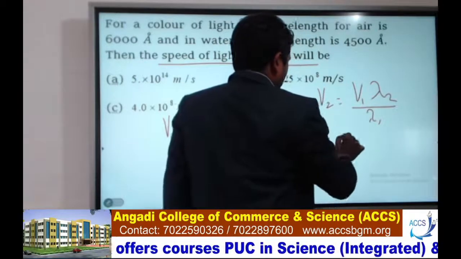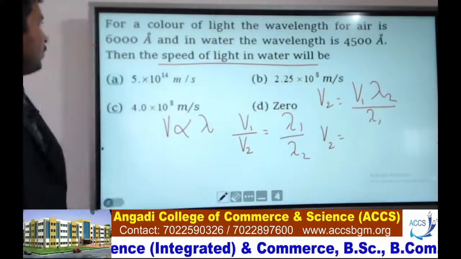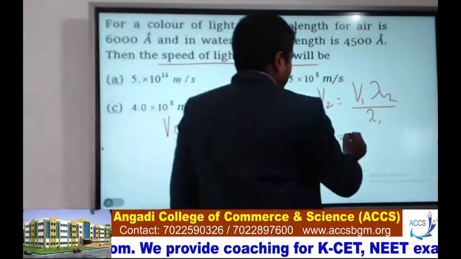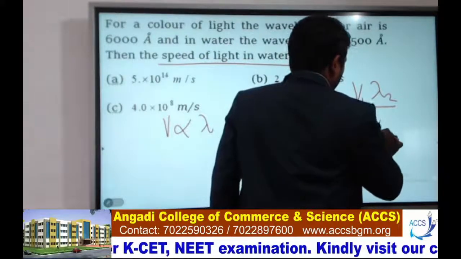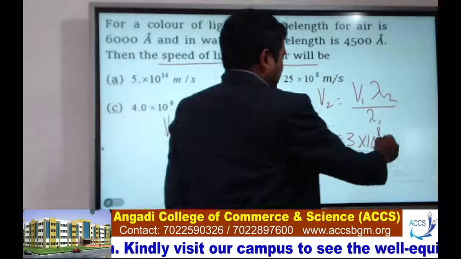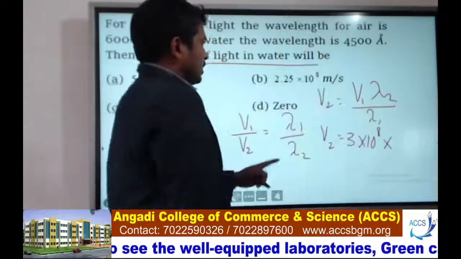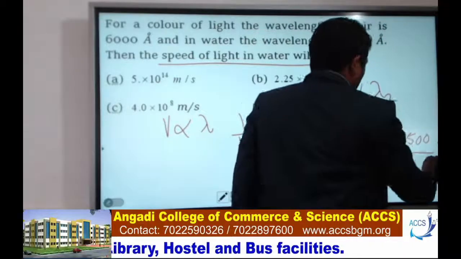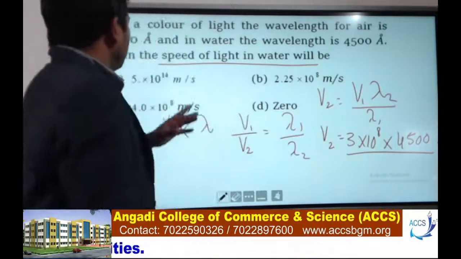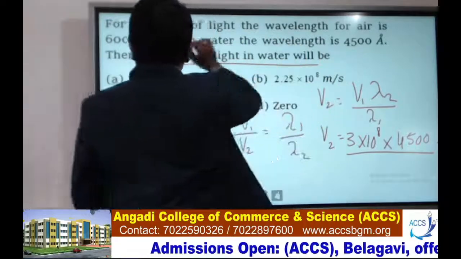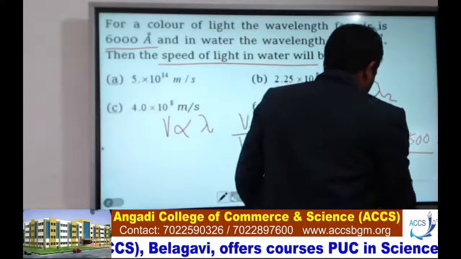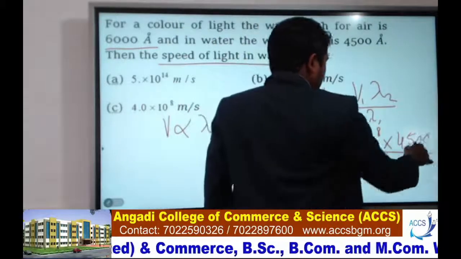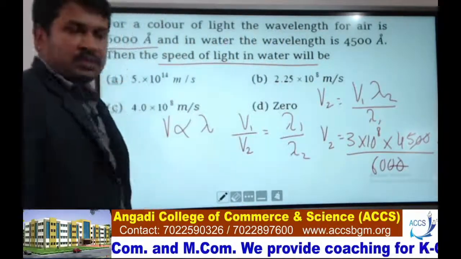Now v2 equals, the value of v1, the velocity in air medium, is 3 into 10 to the power of 8, into lambda 2, that is 4500 angstrom, divided by the wavelength in air, 6000. Yes, here the double zeros get cancelled.